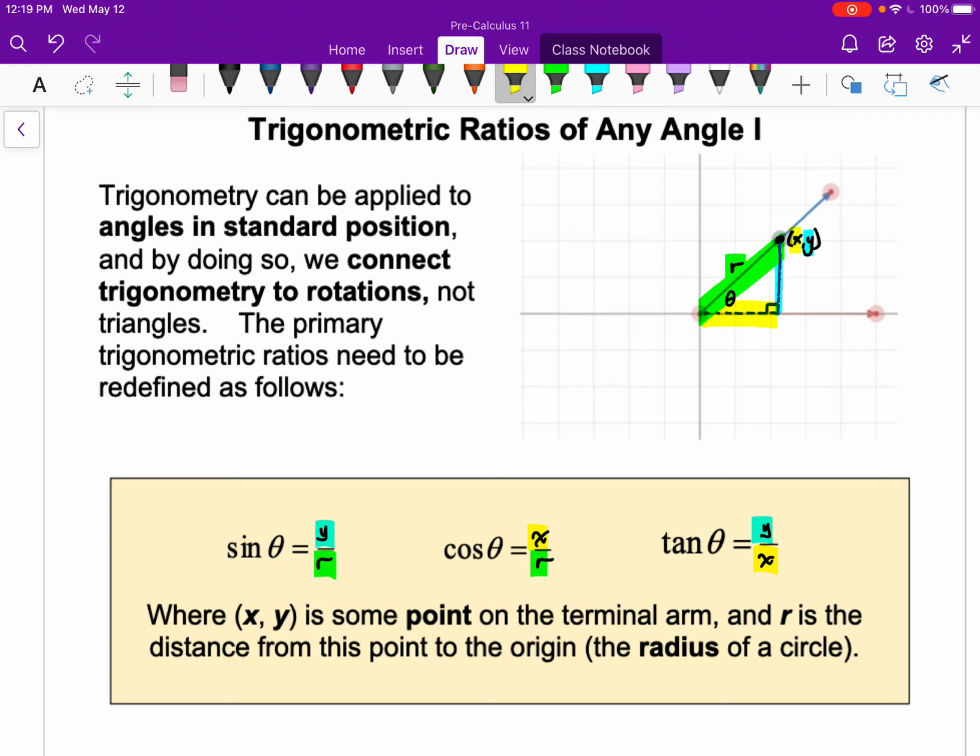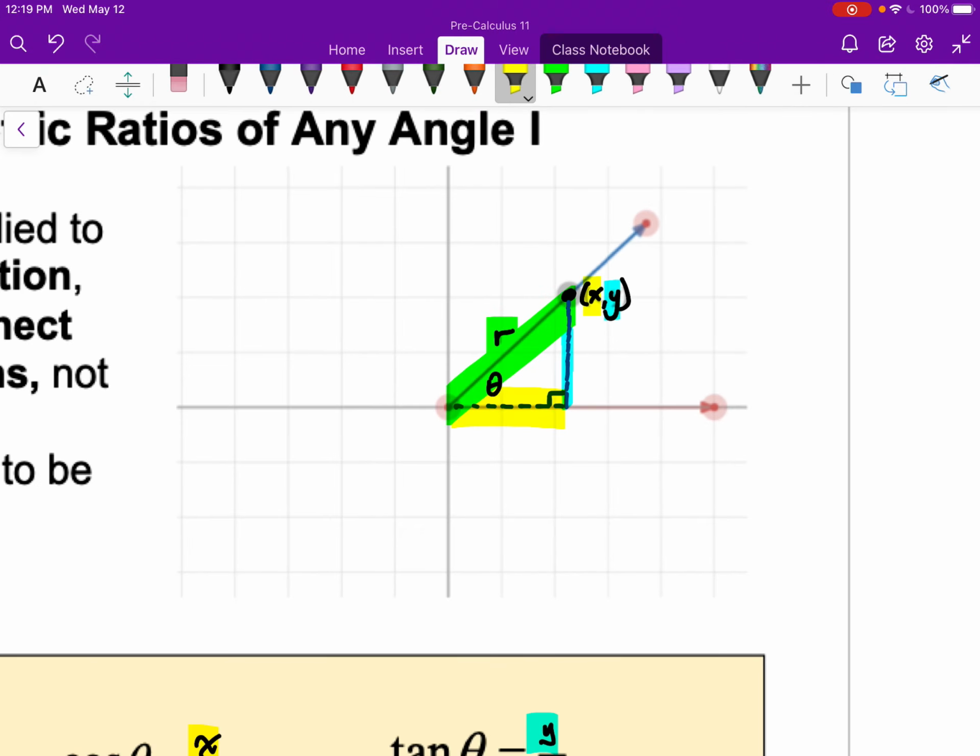And again, the key is realizing that x and y are coordinates, which means they can be negative, and r is a distance, so it's always positive. And as well, if I think back to this right triangle here, the beginnings of trigonometry is the Pythagorean theorem, in which we'd say a squared plus b squared equals the hypotenuse squared.